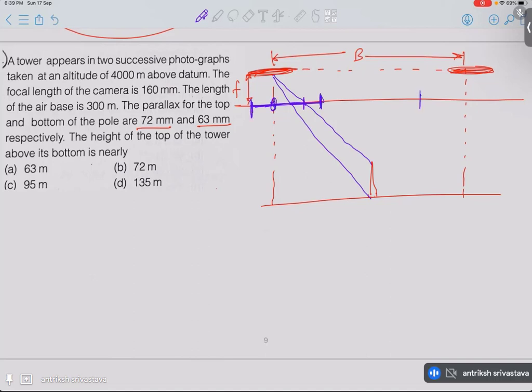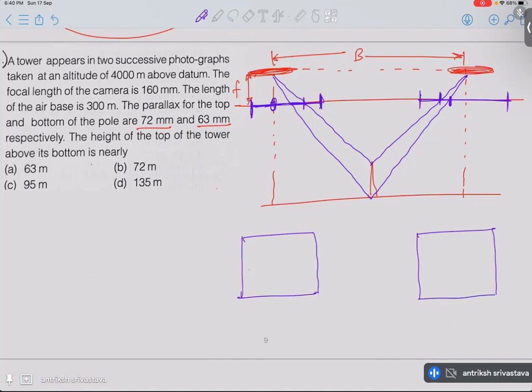Same way, we have taken a photo from this side of the tower, and the tower will appear something like this on the photo, right? The top of the tower will be here, the bottom of the tower will be here. Now if you look at these photos in this plane, just for simplicity we are going to assume this 1D only, that the tower was on this line only.